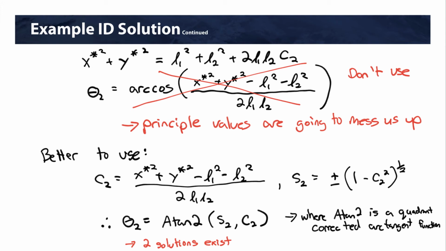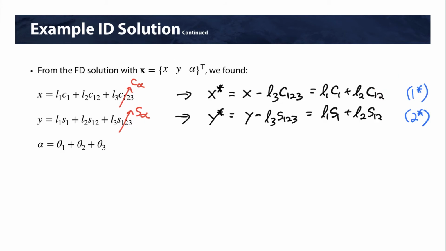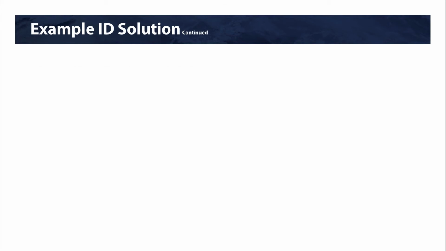We've solved for theta 2, but we still need to know what theta 1 is. So we can go back to our equations, and we can break apart the C12, S12 terms using our trig identities. Recall that C12 is the same as C1 C2 minus S1 S2, and S12 is equal to C1 S2 plus S1 C2.